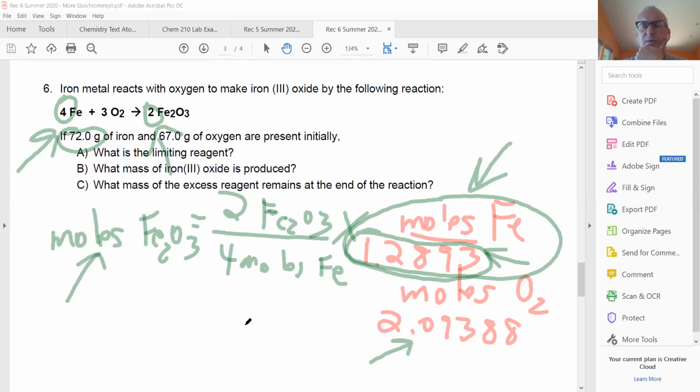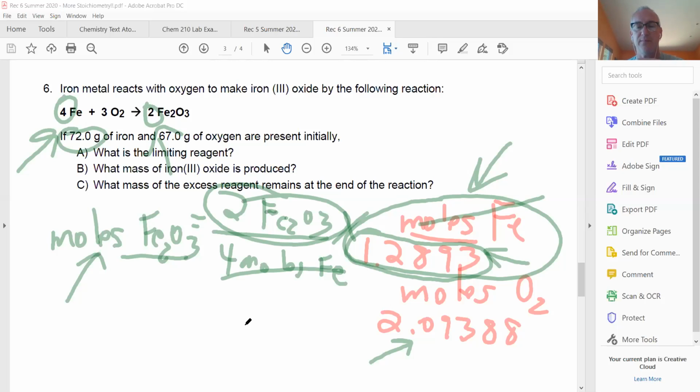So we multiply by 1.2893, correct? Yes. But what in the top? Moles of iron, moles of product. Oh, okay. So I'm multiplying moles of iron, so I cancel moles of iron, and I'm left with moles of product. So after all this, how many moles of product do I get?